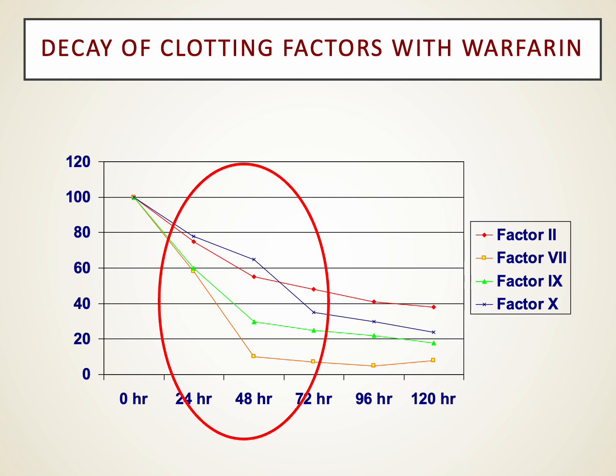And you can see it's really 48 to 72 hours before the decay of the clotting factors is significant, which means that we don't expect to see a full anticoagulant effect for the dose of warfarin we give today until a couple of days from now. And this makes warfarin a pretty tricky drug to dose, use, and manage. And we'll come back and reinforce this in a couple of minutes.